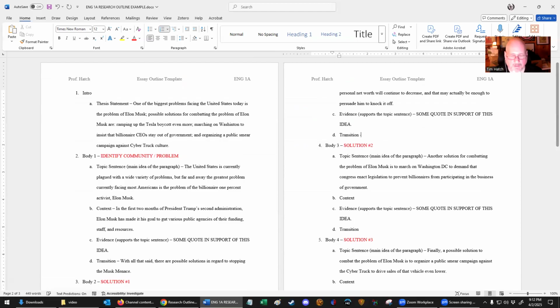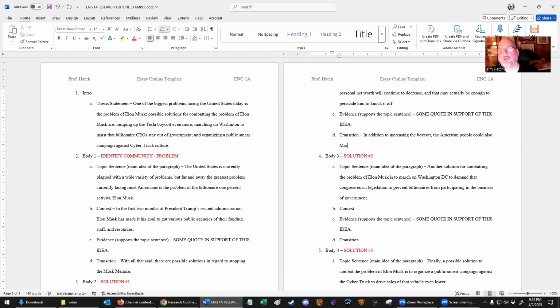Remember the formula for this is always, and sometimes it doesn't work, but like 90+% of the time, it's always in addition to X, also Y. So in addition to increasing the boycott, the American people could also march on Washington in protest of billionaire participation in government.